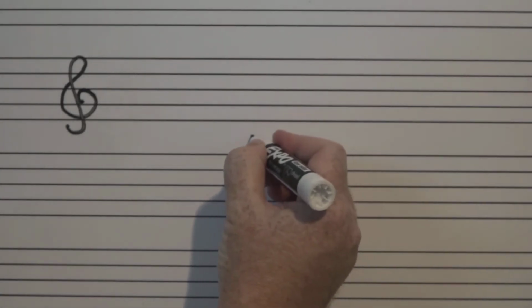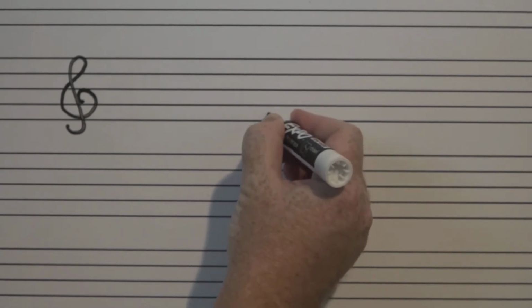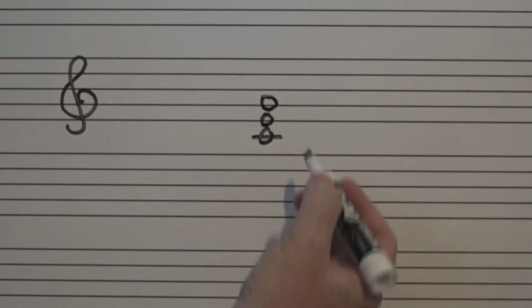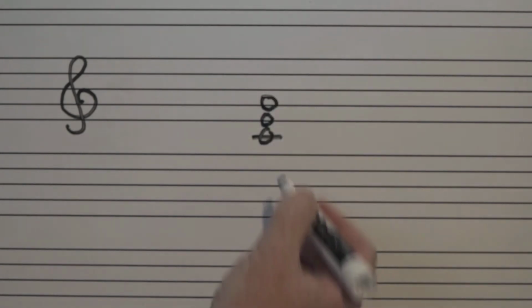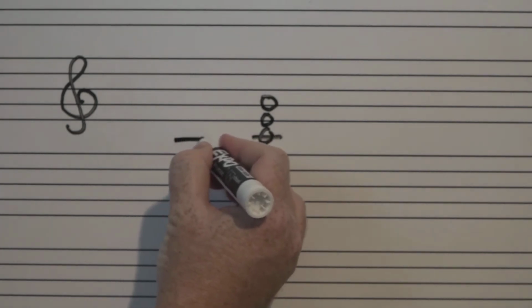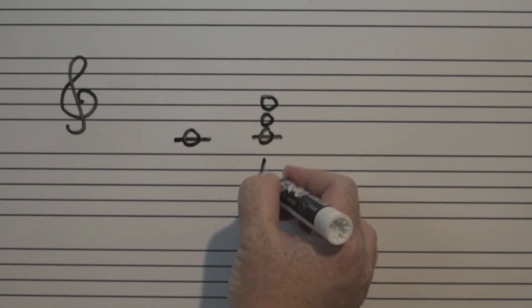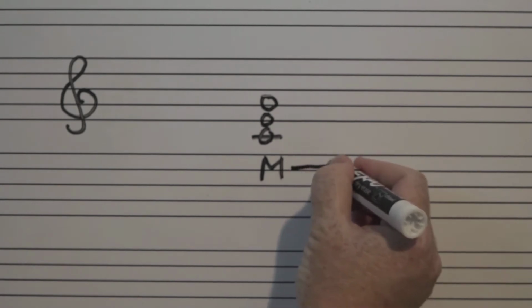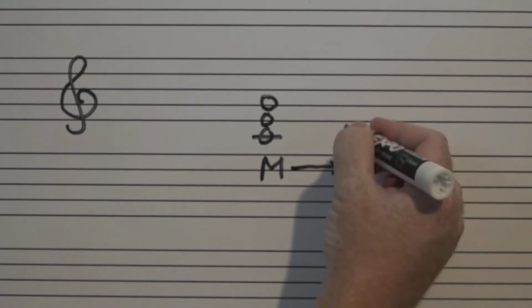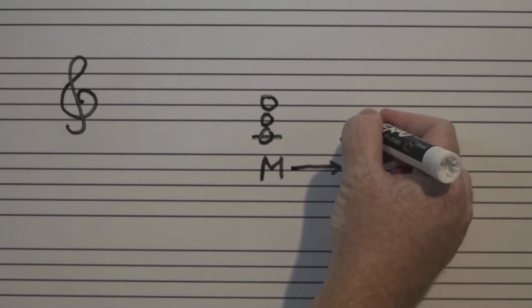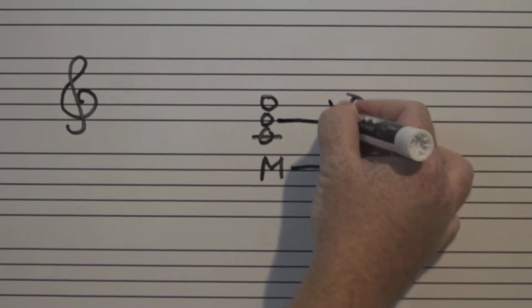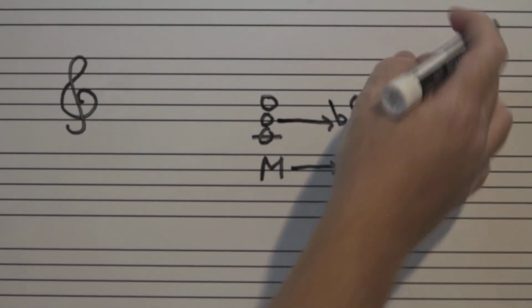Now let's go back to C major, because we need to find our three other triads. So again, this is scale degree 1, 3, and 5 in our major scale. To go from major to minor, we lower the third scale degree.